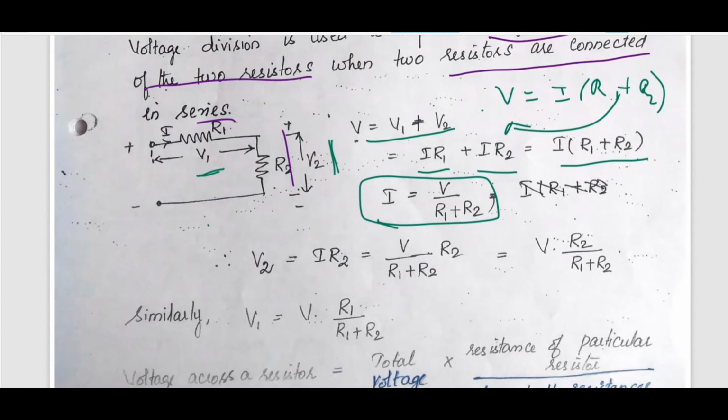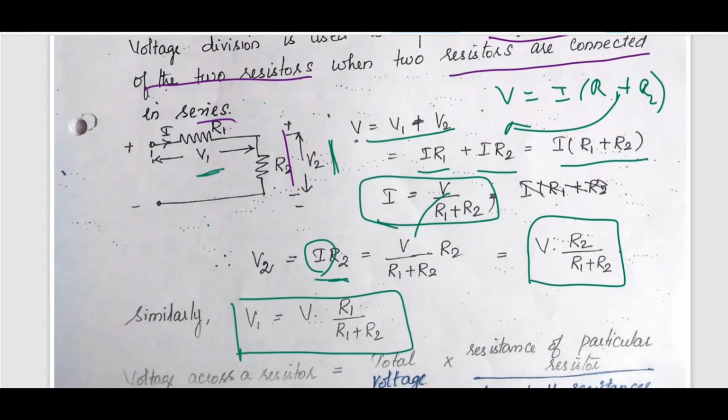Now try to find V2, where V2 equals I into R2. What about I? I is equal to V by R1 plus R2. So it is equal to V into R2 by R1 plus R2. Then similarly we can find V1 equal to V into R1 by R1 plus R2.